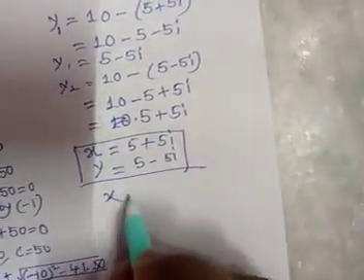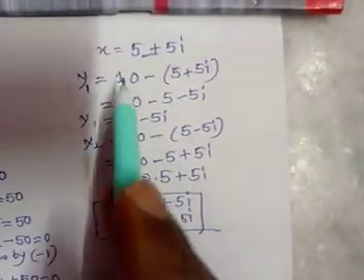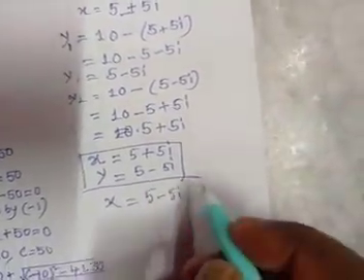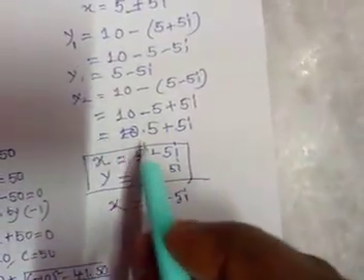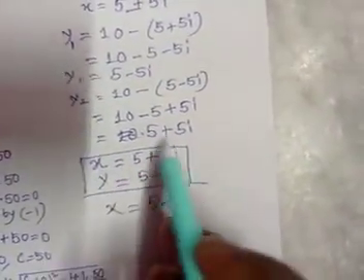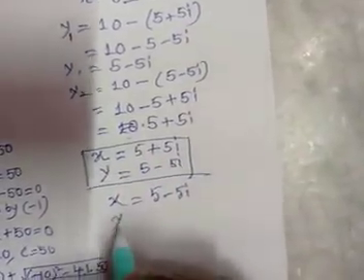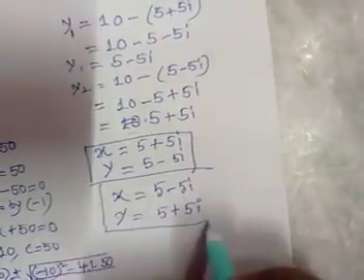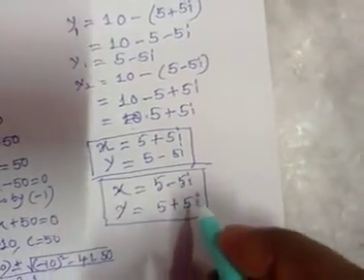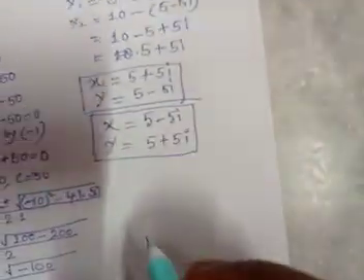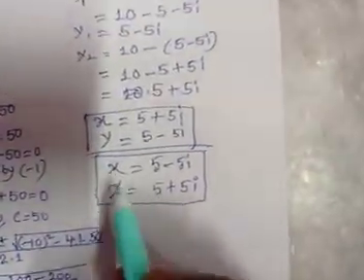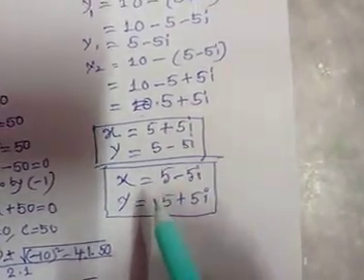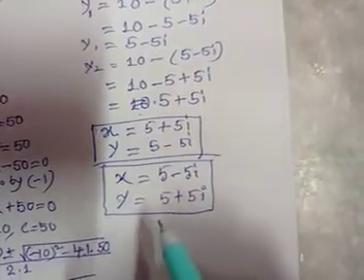And when x equal to 5 minus 5i, then y equal to 5 plus 5i. These are the two pairs of solutions. So this way we can find the values of x and y.